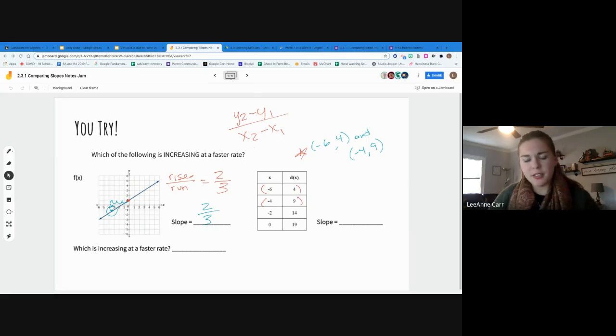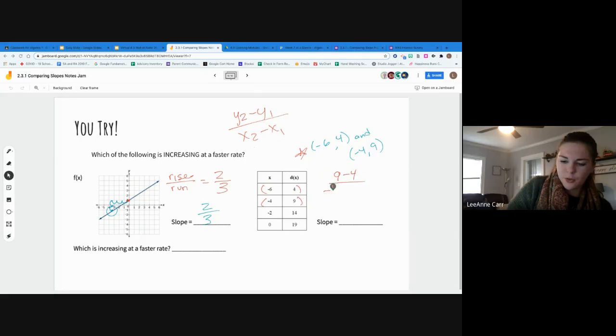Nobody asked questions at the start of class when I went over the slope formula. So where are we getting confused? Yeah, thank you, Evelyn, for helping us out. It is 5 halves here. We did 9 minus 4 over -4 minus -6, which gives us -4 plus 6. So we end up with 5 halves.